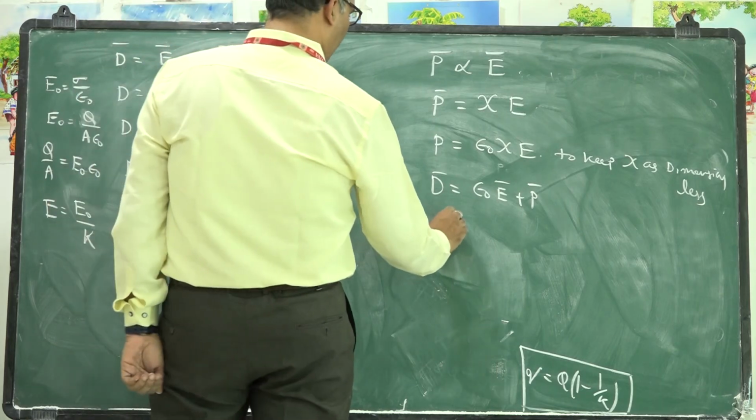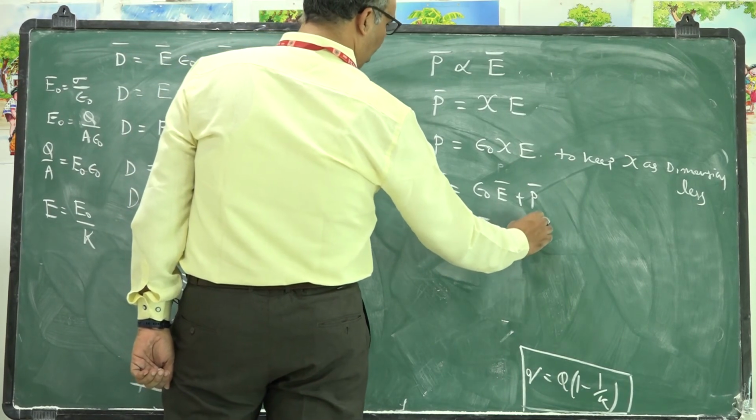Then P bar is equal to D bar minus epsilon naught E bar.